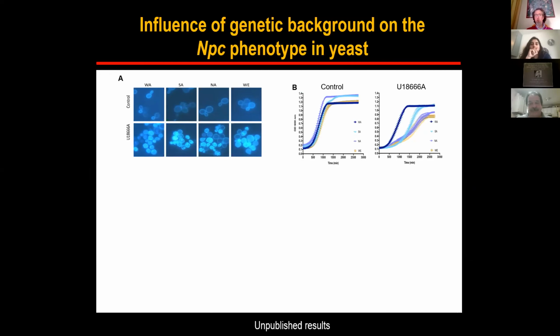One of the most common and easiest is the growth curves, which really represents the reproductive fitness of the yeast. And here you can see that some strains are very resistant to the drug or to the disease, while others, their growth curves change completely. And we've been using some parameters of these curves, actually the slope.